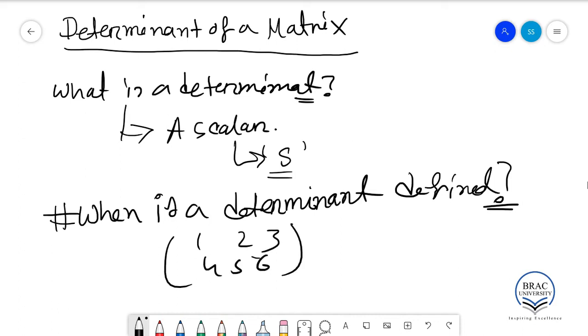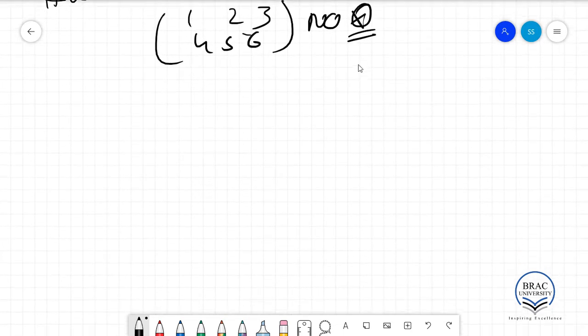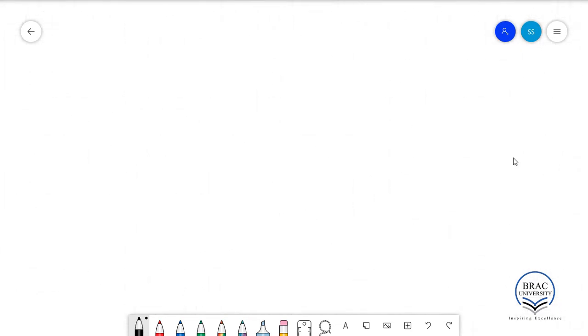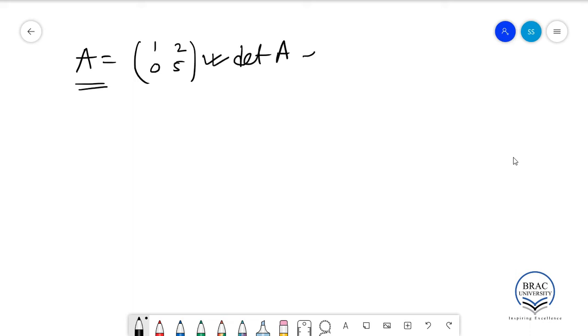Can you compute a determinant from this? The answer is no. Determinant is only defined for square matrices. So if I had a matrix like A, that is 1 0 2 5, for this kind of matrices there is a determinant. Determinant of A exists.